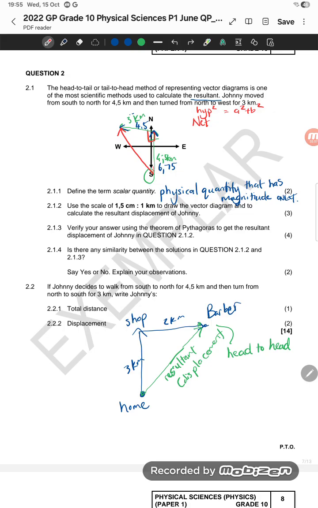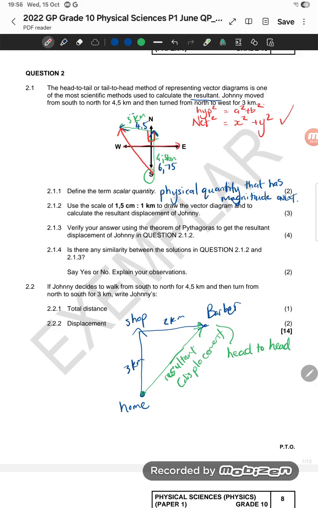Net squared, or net displacement squared, however you want to say it, is going to be equal to x squared plus y squared. They should give you a mark for saying this, whether you said a squared plus b squared. I like this because it's mathematical, but this is the x-axis really, plus y squared is the y-axis.